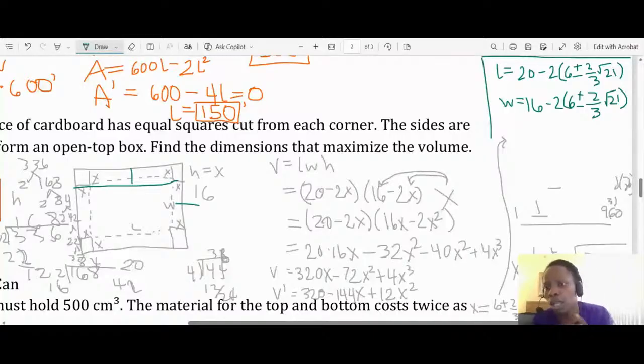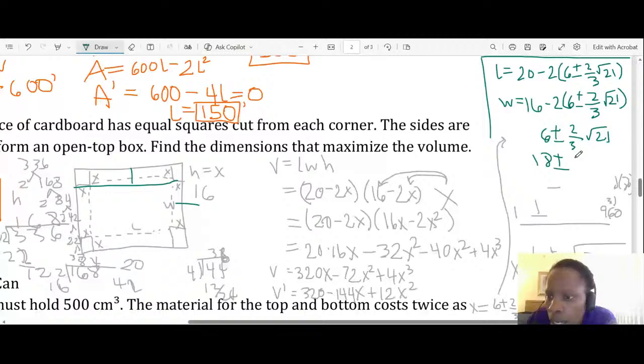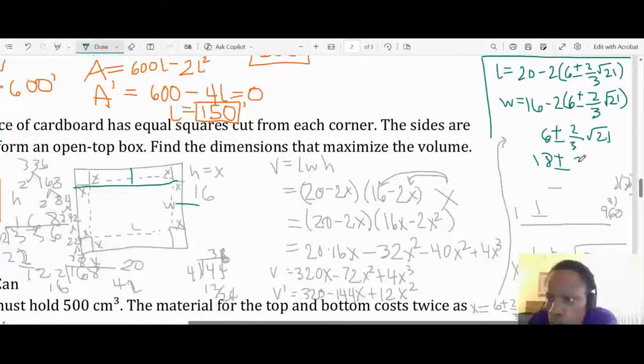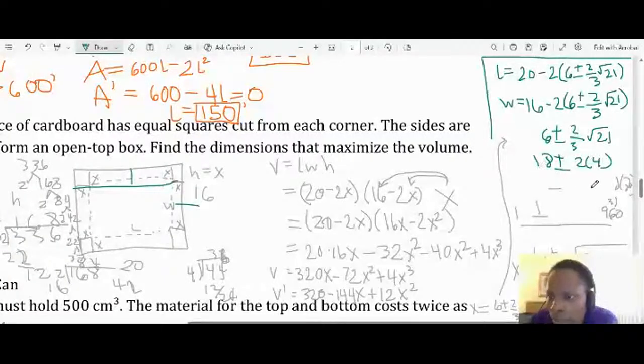So, okay, let's go ahead and estimate. We're going to say plus or minus 2/3 square root of 21 is going to be 18, which is around 10. If we subtract, it's around 10, but it's around what? 20 something? So we have to add. Because if we subtract, that would be wrong.